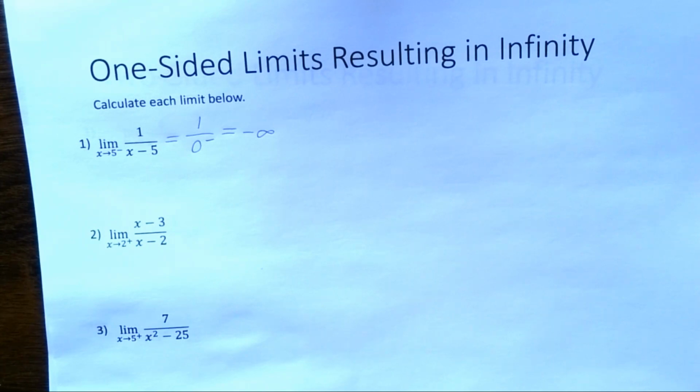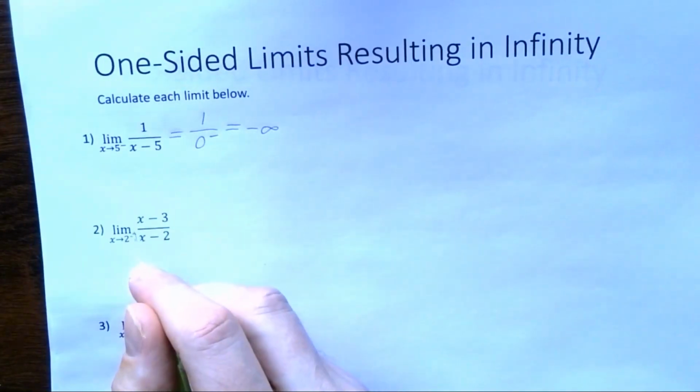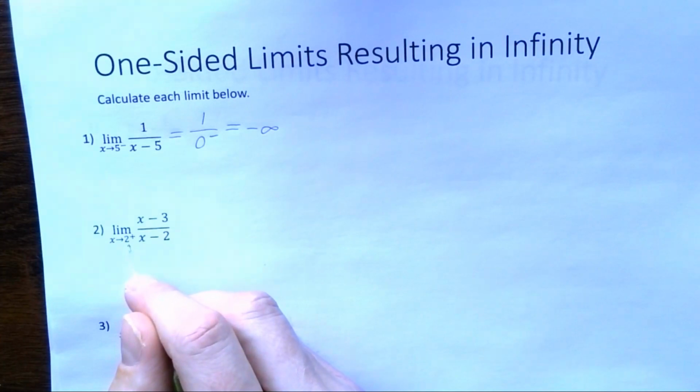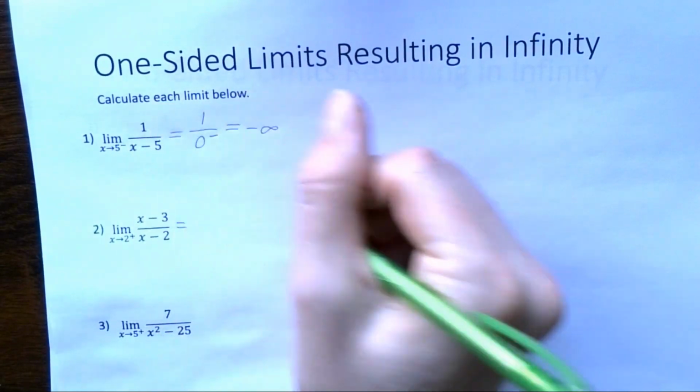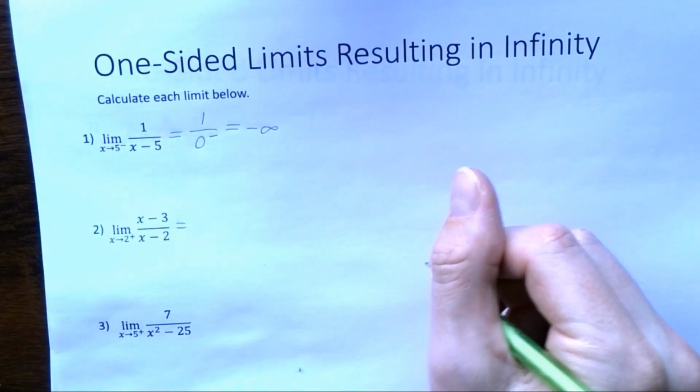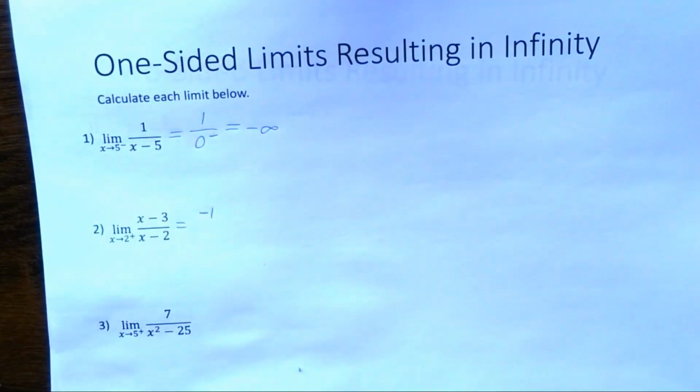Now, the thing about the top is this remains infinitely close to 2, what we're plugging in. The limit as x approaches 2 from the right is just about 2. So 2 minus 3 is negative 1. The top is going to be just about negative 1. Well, it's not exactly negative 1, it's infinitely close to negative 1.